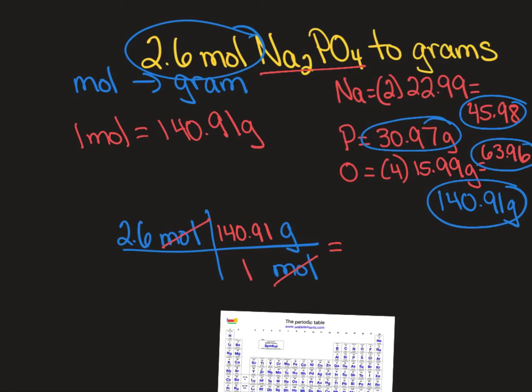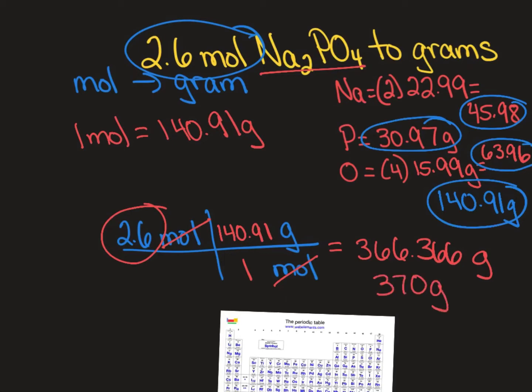Our moles get canceled out, and then we have 2.6 times 140.91, and you get 366.366. And the unit is going to be grams, but we need to watch our significant figures. So we started with 2.6, so we can only have two significant figures, so we're going to round this to 370 grams. And that's our answer. So 2.6 moles of sodium phosphate equals 370 grams of sodium phosphate.